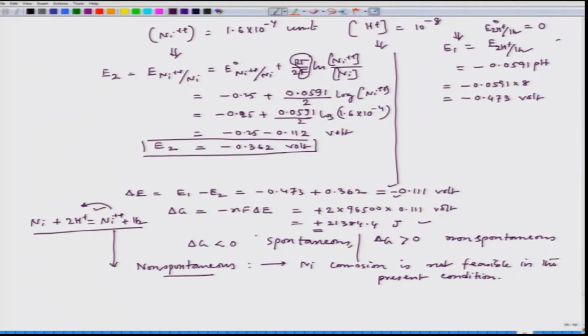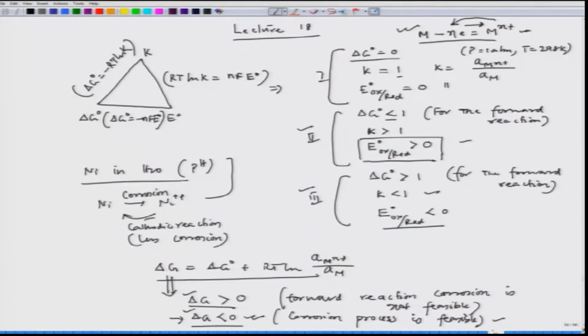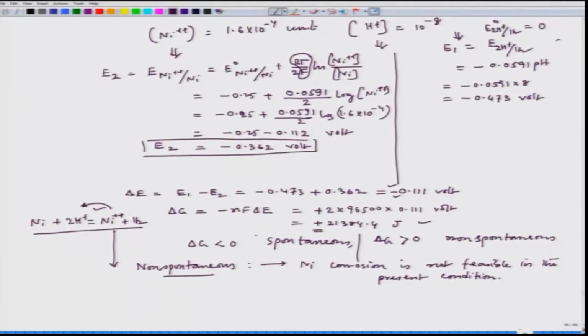In order to find out whether the nickel would corrode or not, we are doing the calculations and all those considerations starting from here. If you see this slide, we see that entire lot of calculations, and finally, our primary interest is to find whether del G is negative or positive for the process.